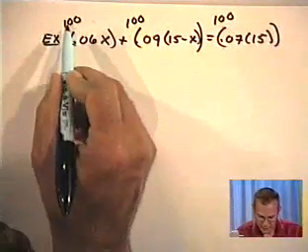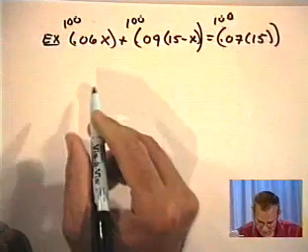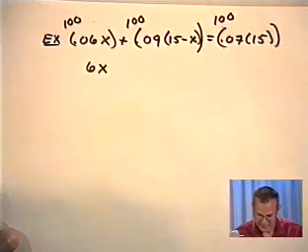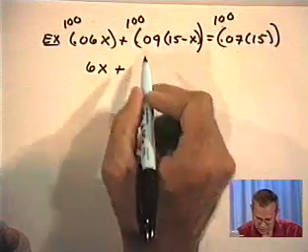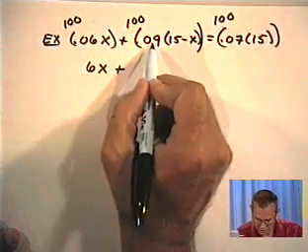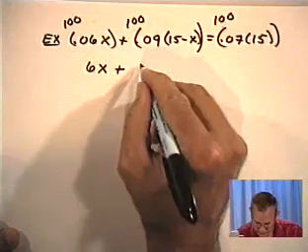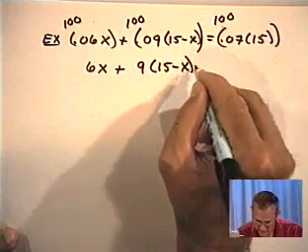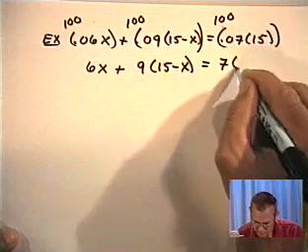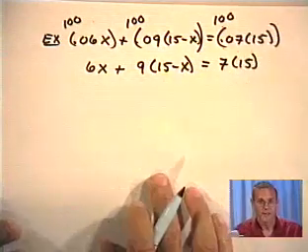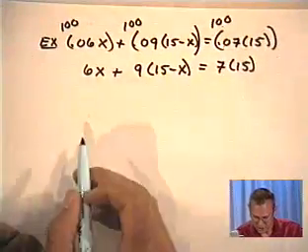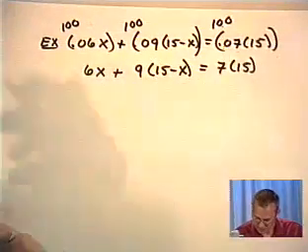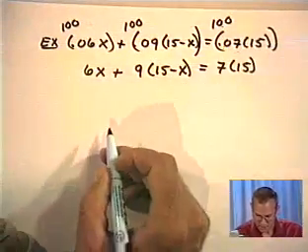Now, when I multiply, I move the decimal place over 2 places, and I get 6x. Again, 2 places over, and I get 9. And the same over here, I get 7. Now notice, my linear equation is now much simpler because I got rid of the decimals. Now it's a matter of distributing and trying to solve.